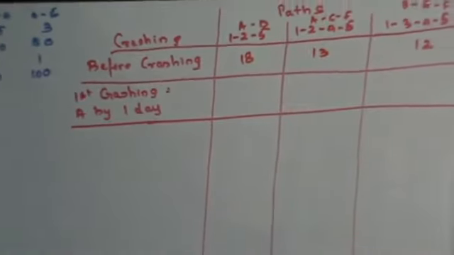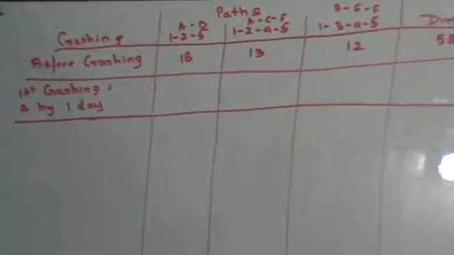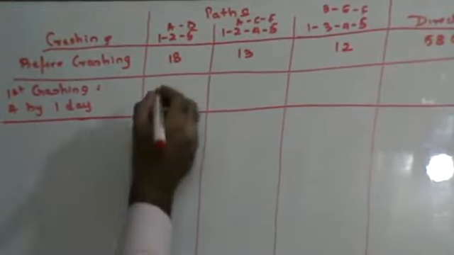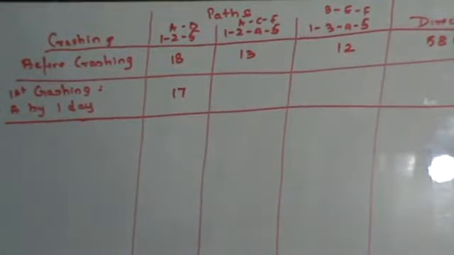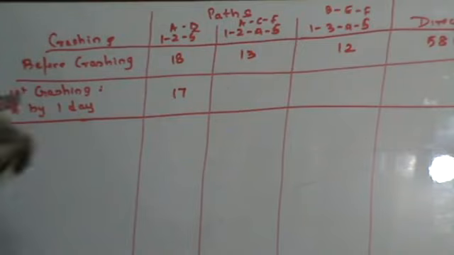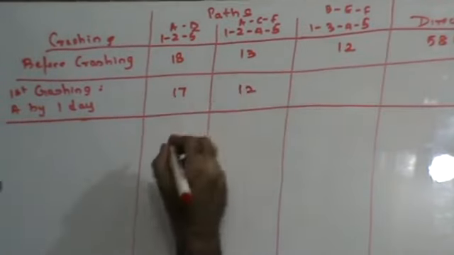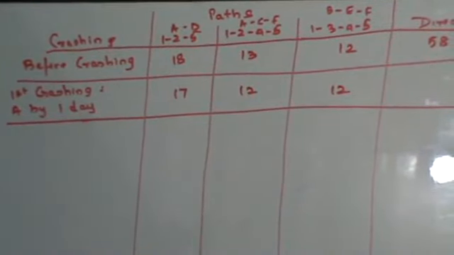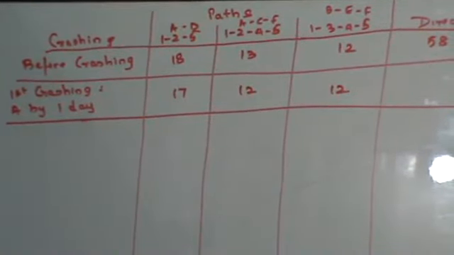If I crash A by 1 day, instead of 18 days, now my task will be completed in 17 days. Wherever I have A, I'm going to reduce that time by 1. Here, instead of 13 days, this will become 12 days and this will remain as 12 days only. Right? I'm crashing it by 1 day, I'm reducing 1 day.